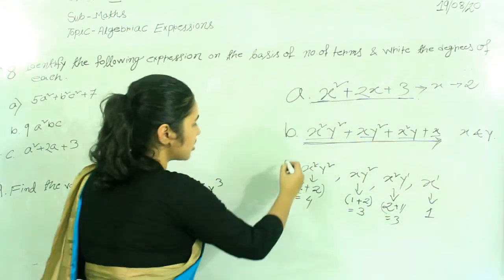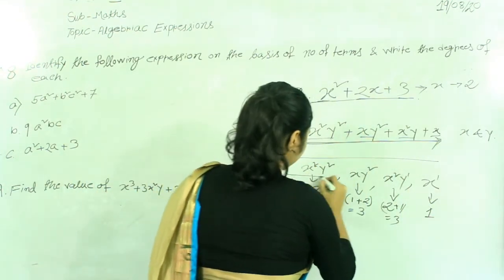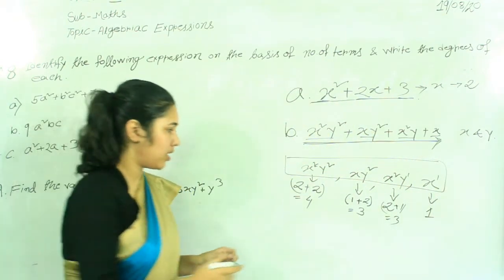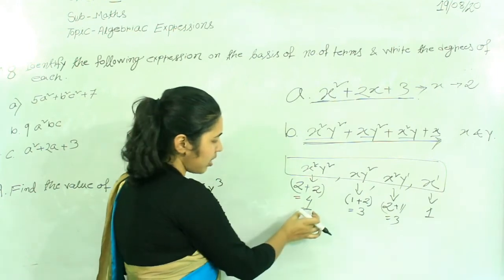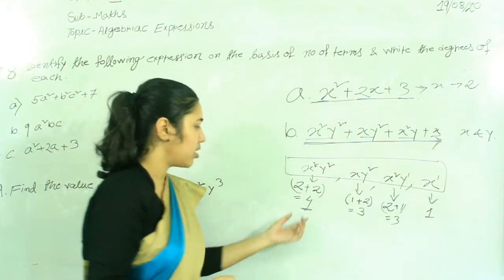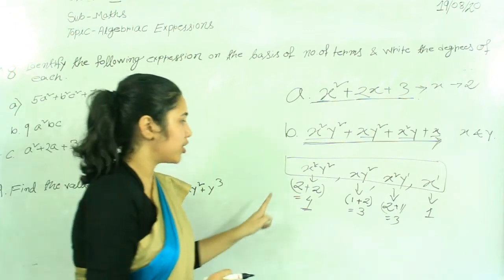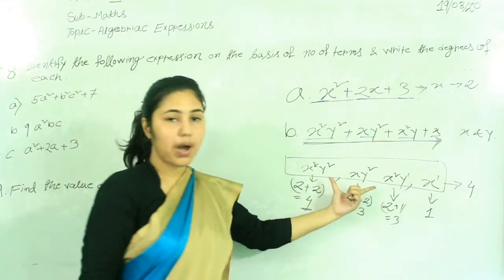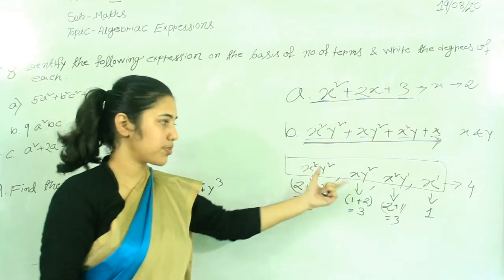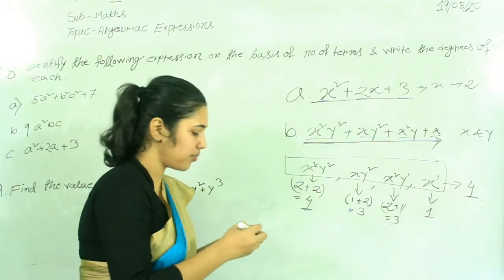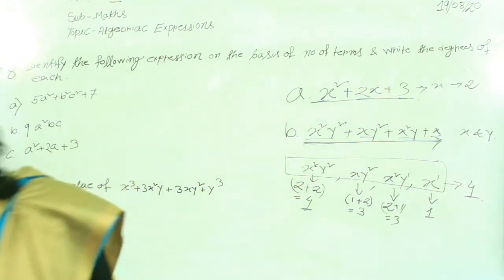So among these four terms, the highest power of the variable is 4, right? Among 4, 3, 3, 1, 4 is the highest power, which means the degree of this algebraic expression is 4. Okay? Is it clear?